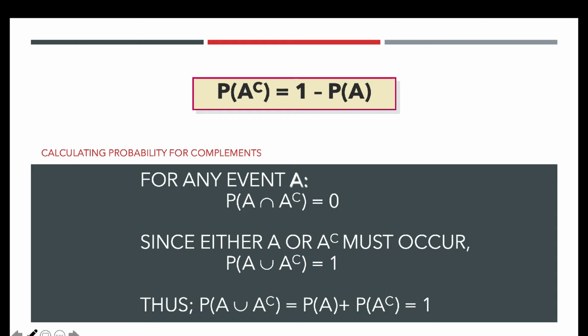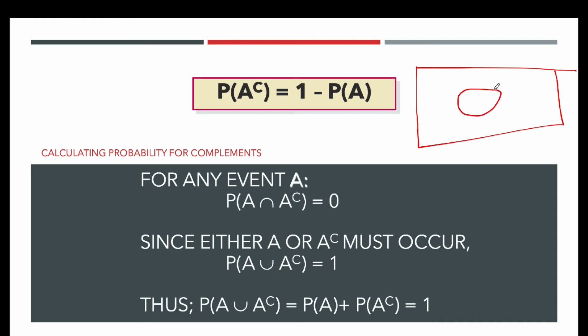Say this is event A, and the complement is defined as the outcomes that do not intersect with the events of A. So for any event A, the probability of A intersect AC equals, of course, 0.